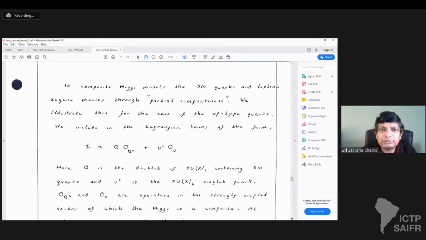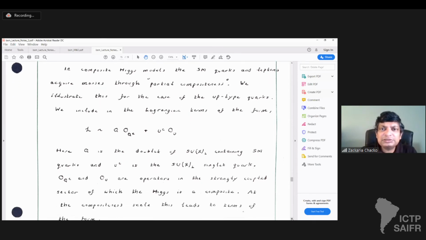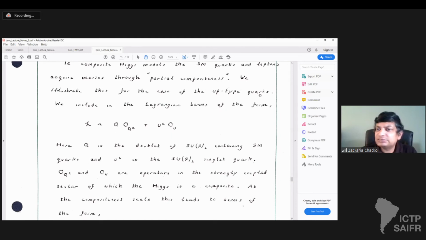So rather than give you a bunch of words, let me illustrate it for the case of the up-type quarks. What we do is we include in the Lagrangian terms of the form shown here. Q is the left-handed doublet of SU(2) left, and UC is the SU(2) singlet quark in the standard model.